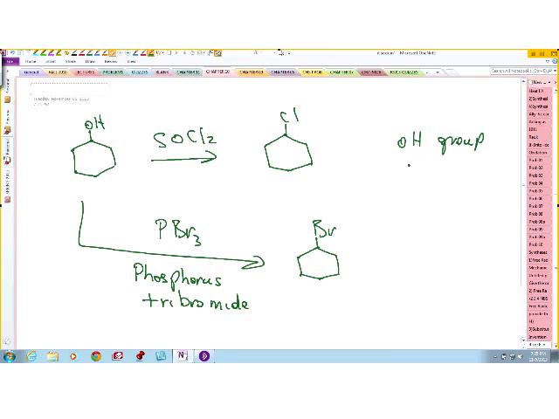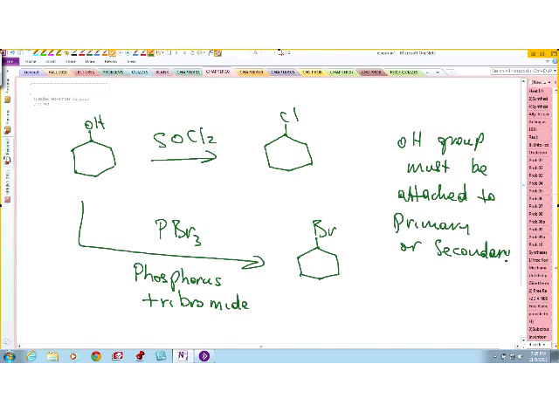OH group must be attached to primary or secondary carbon. Also, as in the case of thionyl chloride, the reaction with phosphorus tribromide also proceeds with inversion of configuration.